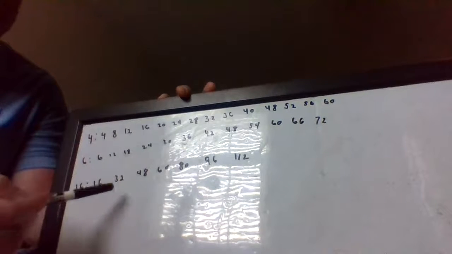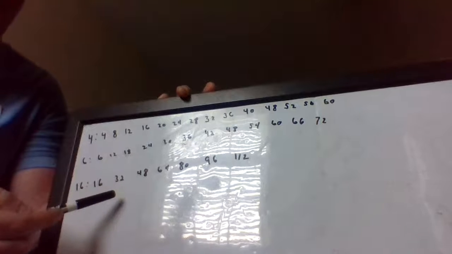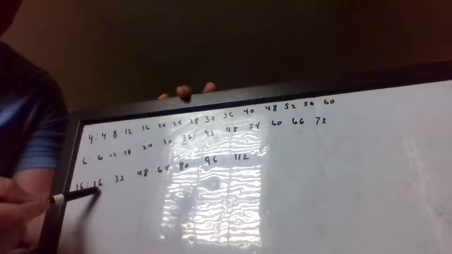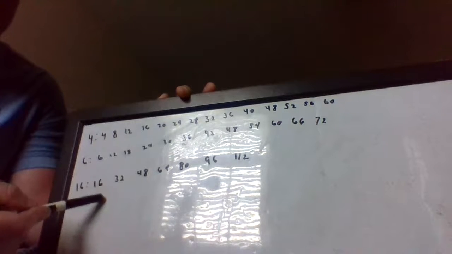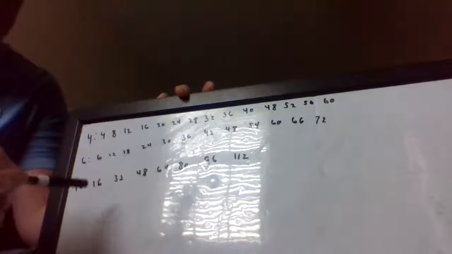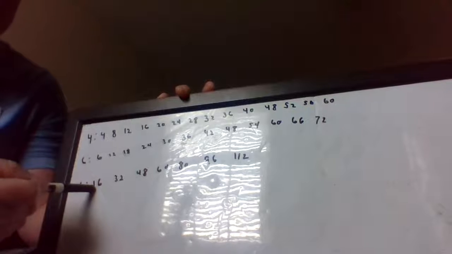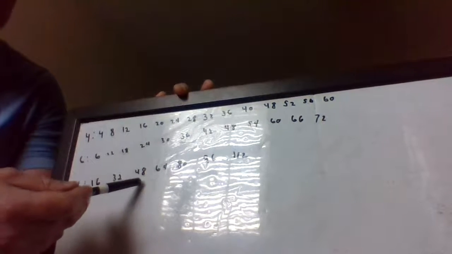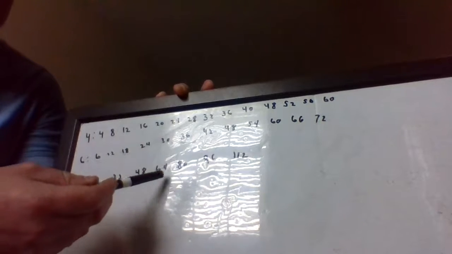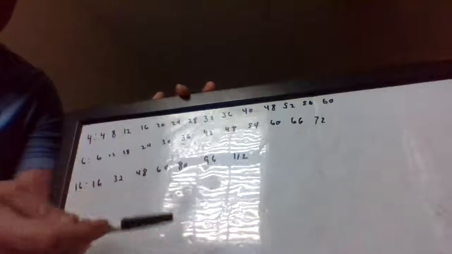And also 16 times 2 is 32. Or we can just multiply that number times 16. So 16 times 1 is 16, 16 times 2 is 32, 16 times 3 is 48, 16 times 4 is 64, 16 times 5 is 80, and so on from there.